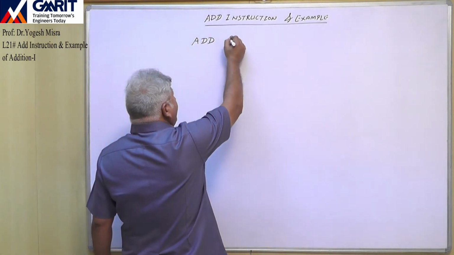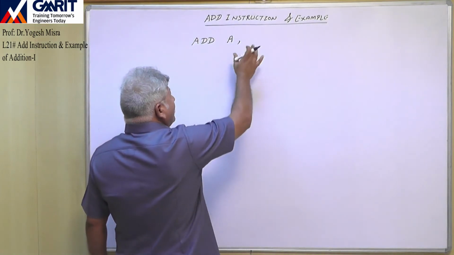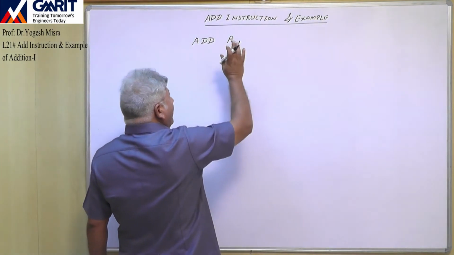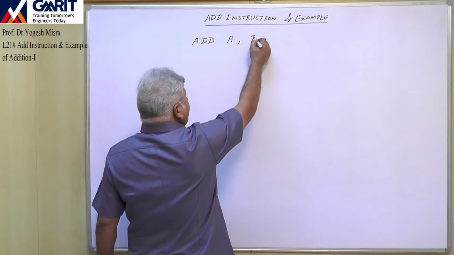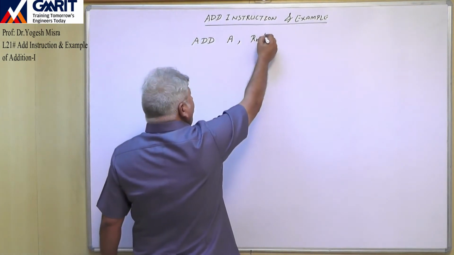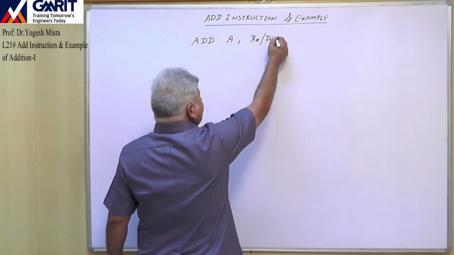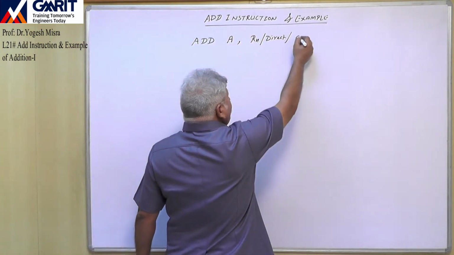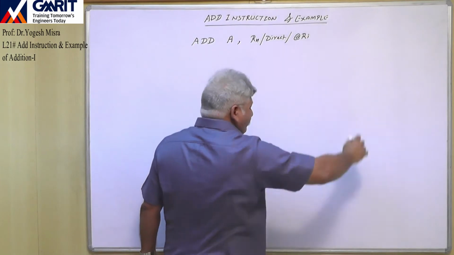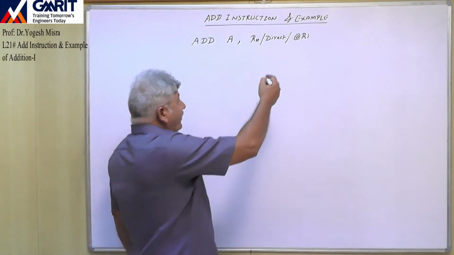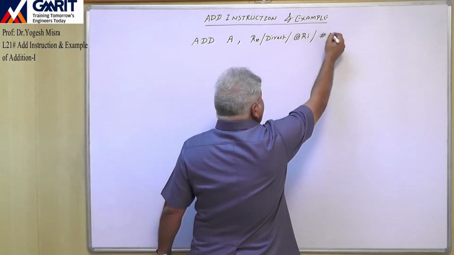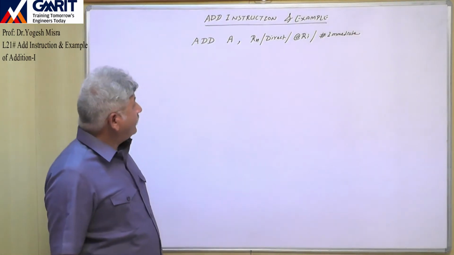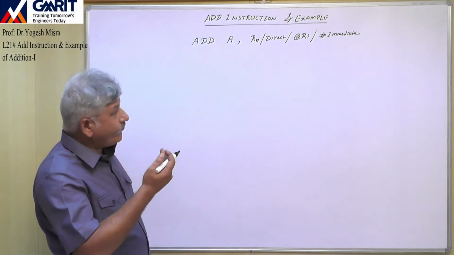So here we will write A, comma, and the second number which we are going to add with the content of A can be in a register, or we can mention the address of that number, and we can also use @Ri, and also we can use the immediate number. So basically this add instruction has four forms.